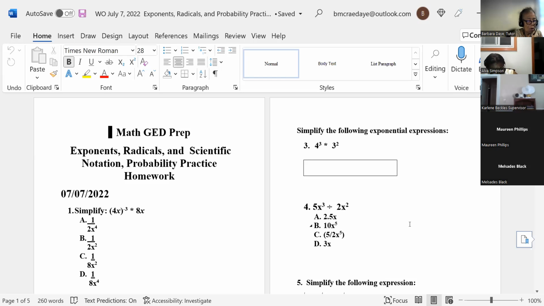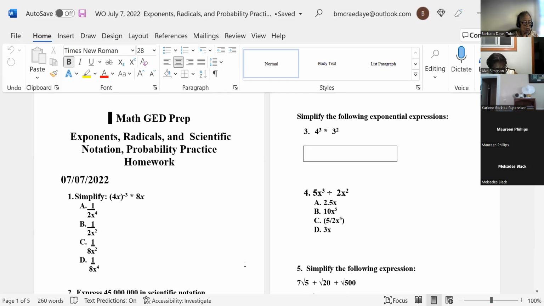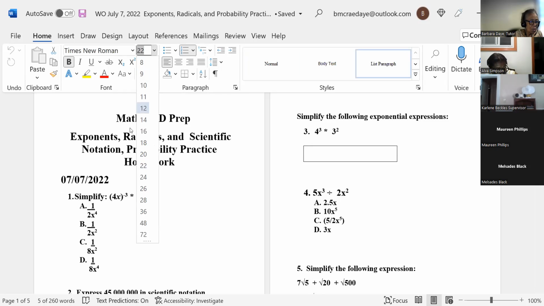Okay, let's go over number one. Maureen, you want to read number one? What does it say? Simplify parentheses 4x to the power 3 multiplied by... Oh, so you don't see the minus. You don't see the minus 3.